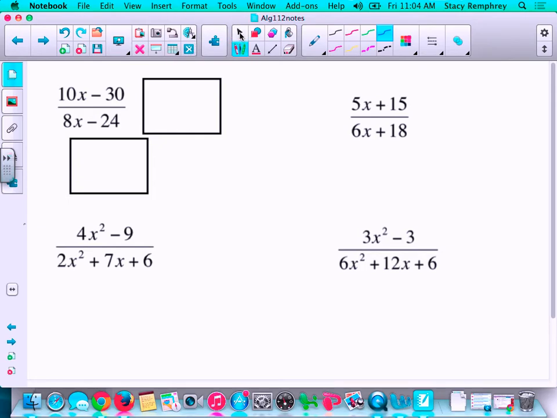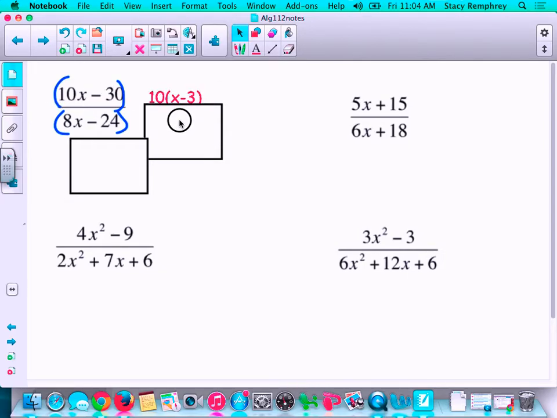In this particular one, some people say, oh, there's nothing you can do, or they start to cancel terms. Please remember these are being added or subtracted. You might want to throw up parentheses just anytime you see addition or subtraction to remind yourself, I can't start canceling yet. I understand there's no squared, so some of you might say, well, I can't factor it. But remember, look for a GCF first. Look at the numerator. Is there a greatest common factor there?